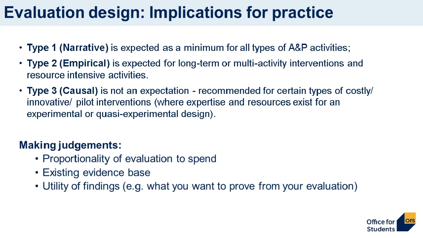Type 2 empirical is expected for more long-term or multi-activity interventions, including mentoring schemes, or more resource-intensive activities such as summer schools. And type 3, as I said, is not an expectation, but it would be recommended for more costly interventions or innovative and pilot interventions such as that text message trial.